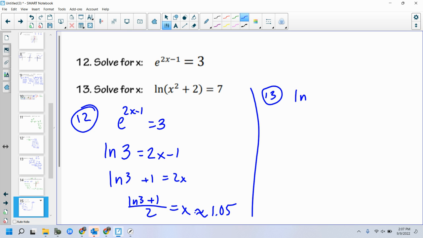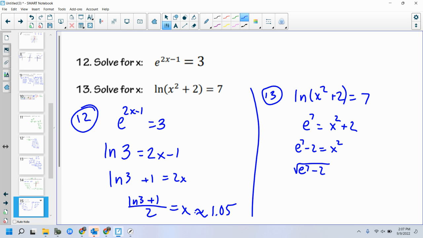Looking at 13. Okay, we got ln of x squared plus 2 equals 7. All right, so I'm going to again take it from logarithmic into exponential. e to the 7th is equal to x squared plus 2. Subtract 2. Square root. Plus or minus, right? Yeah, plus or minus. That's equal to x.